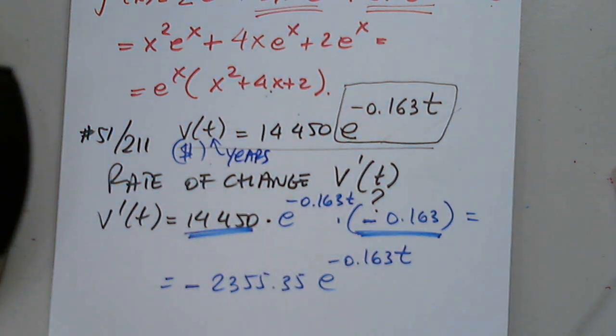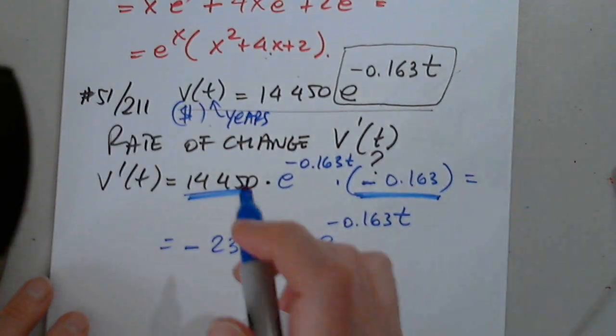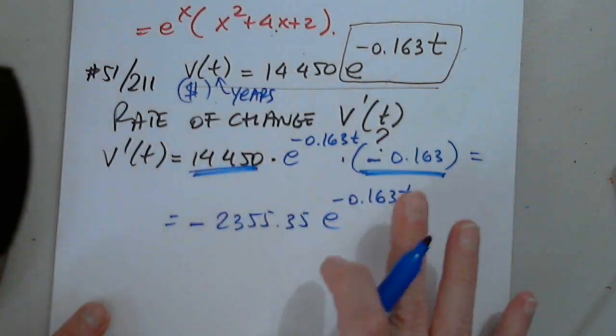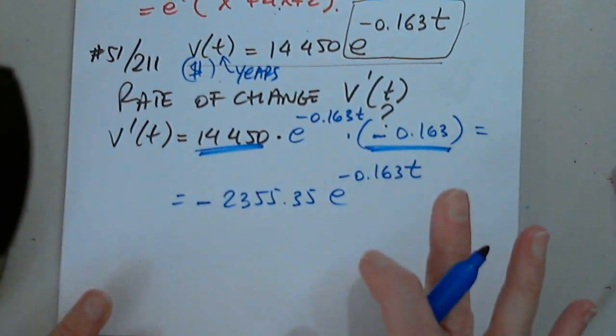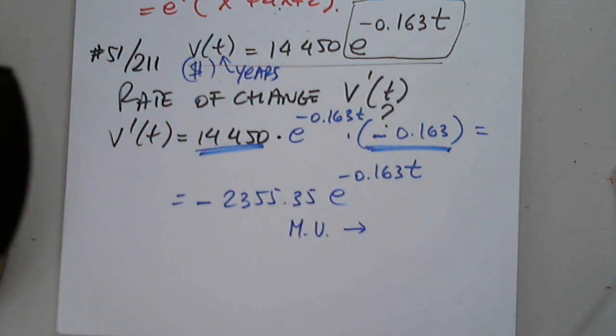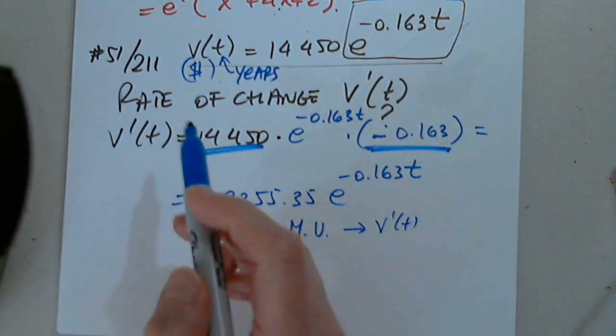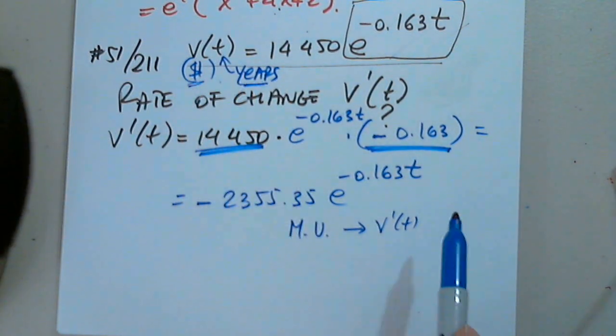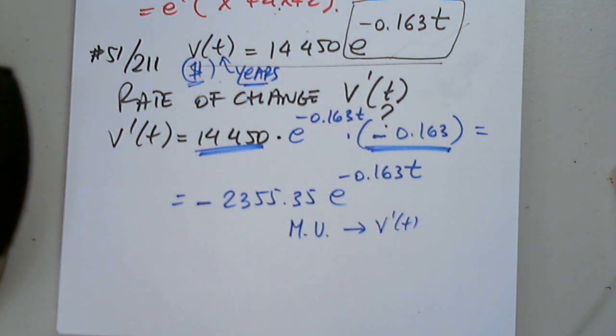Good. So now, can anyone tell us what would be the measurement unit? We haven't evaluated this function for anything yet, but what would be the measurement unit for v prime of t? That's why I established this, just for us to make sure that we don't forget to write the measurement unit.